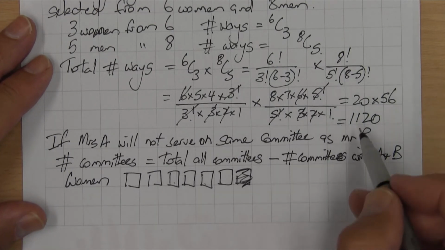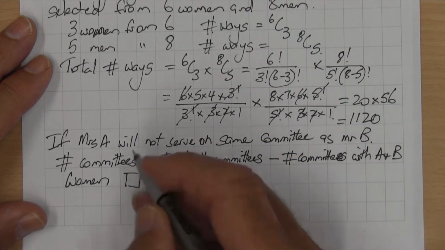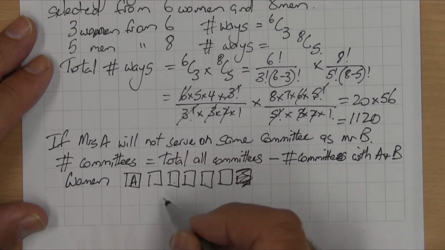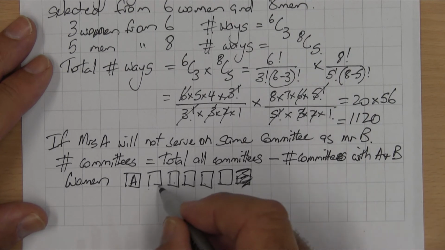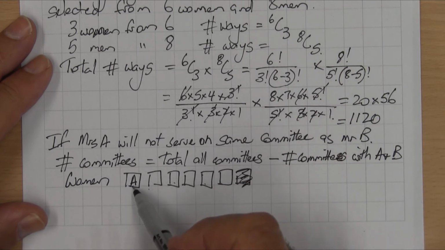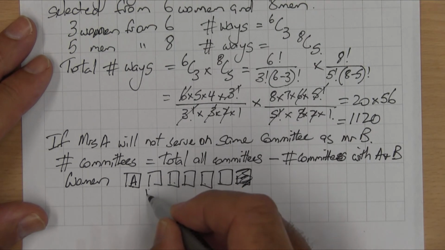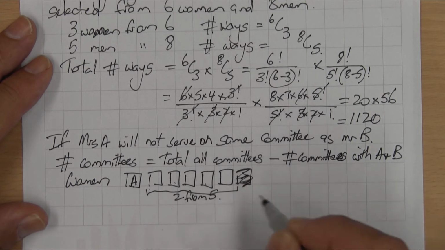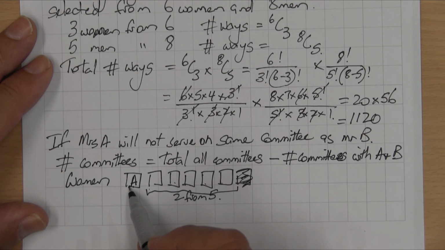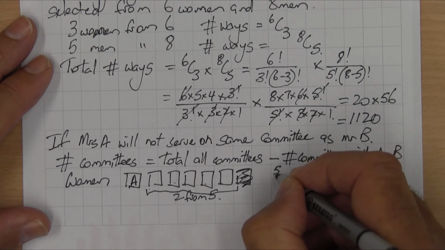Now, we know we want to form a committee, we want to choose 3 of these, and we want to make sure that A is included. So we've got A there. There were 6 all up, so there are 5 others. Now we want to choose 2 because A has got to be one of our 3 women that we're going to choose. So we want to choose 2 of these from those 5. And then we'll have our committee of Mrs. A plus 2 more of those. Now, how can you choose 2 from 5 when order is not important? There's just 5C2.